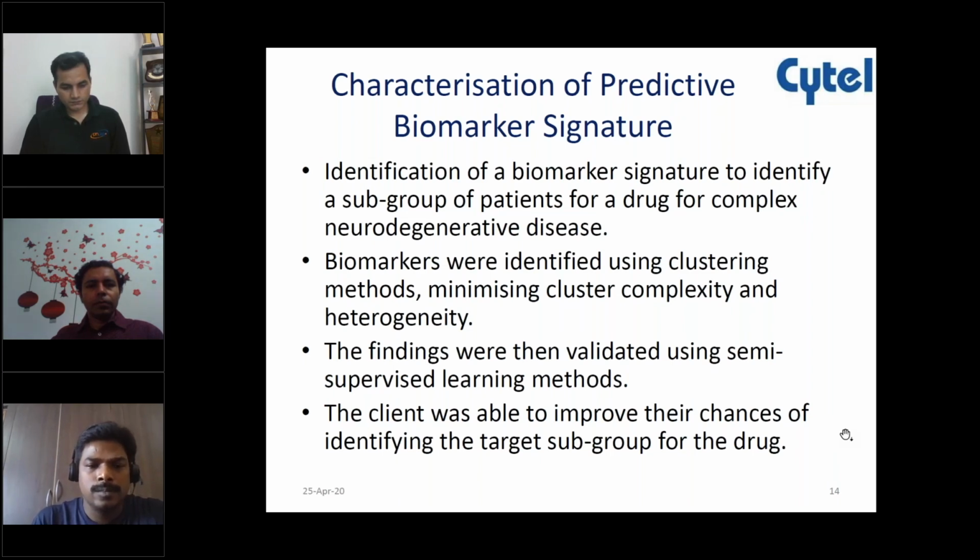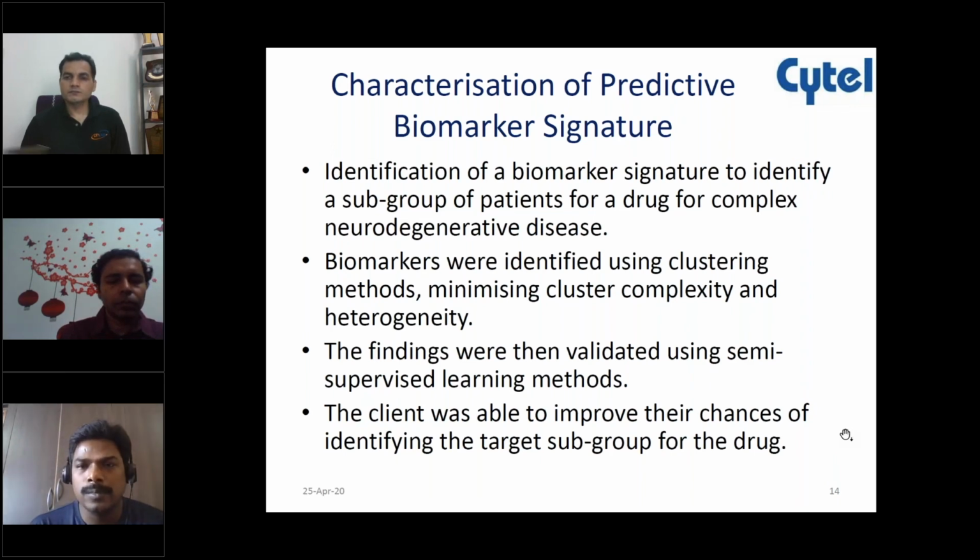That kind of knowledge was used to narrow down the genetic data of interest, and then these findings were validated using some semi-supervised machine learning methods, and some signatures were identified. And these signatures were used by our client to easily identify the patient subgroups that could most benefit from the drug.